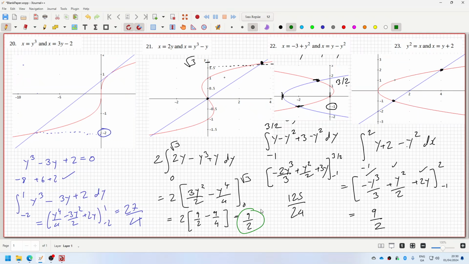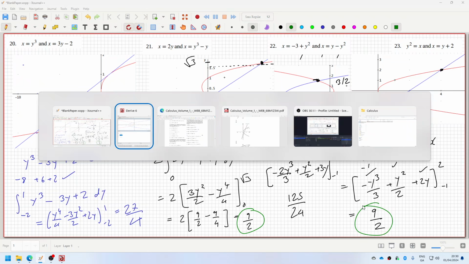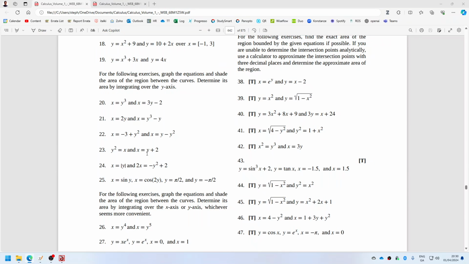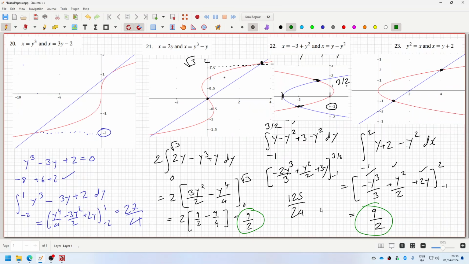21 we checked is right, and 20. Oh, is that also 9 over 2? That's funny. Yeah, okay. And then I can't check 22 or 20. Let's see, is that roughly right? So what's that, about 10 units?